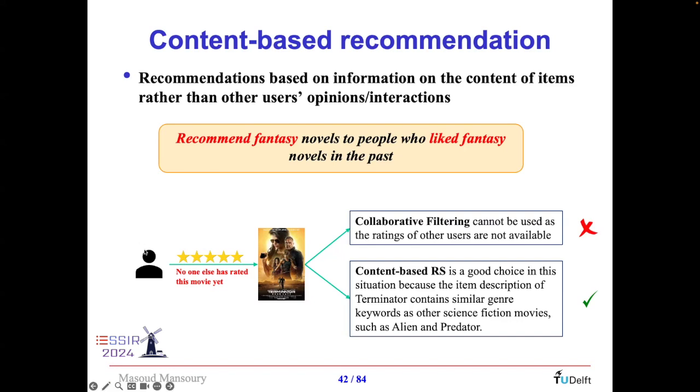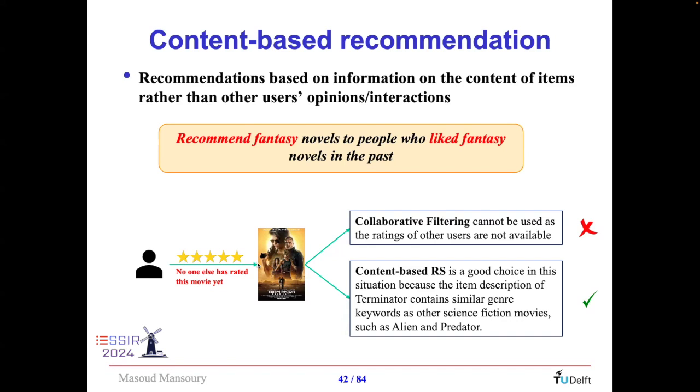Just to connect to the previous slide, to the limitations of collaborative filtering: if we have a new user and also a new item, and this user rated or interacted with this item, this is the only interaction we have. So this user and this item are kind of isolated in the space of interactions among other users and other items.